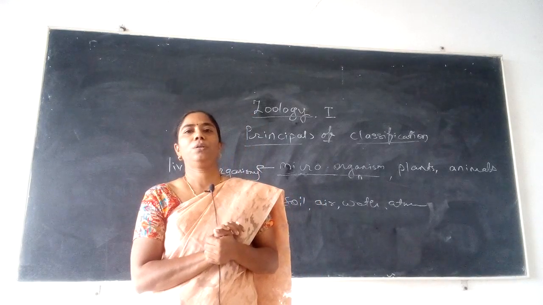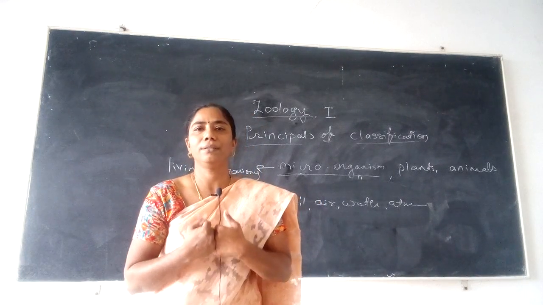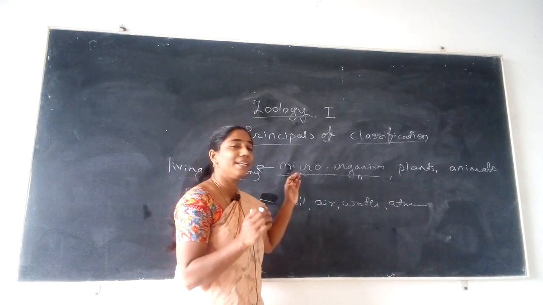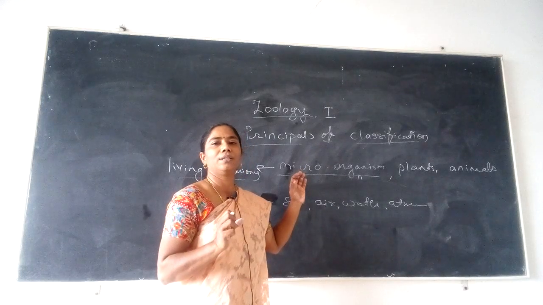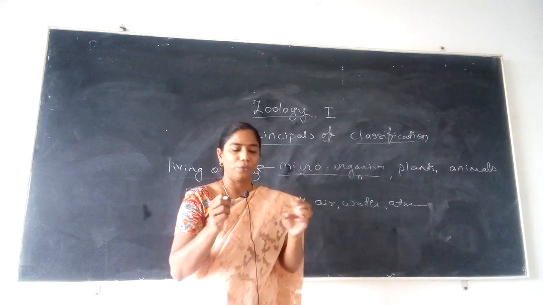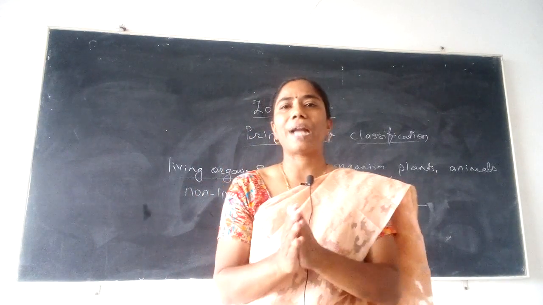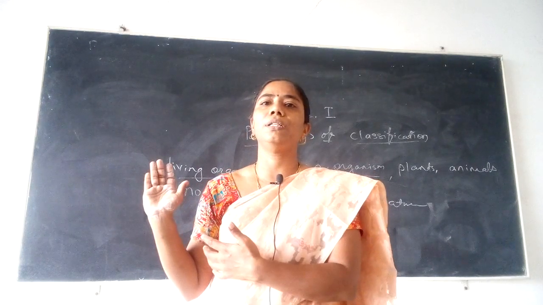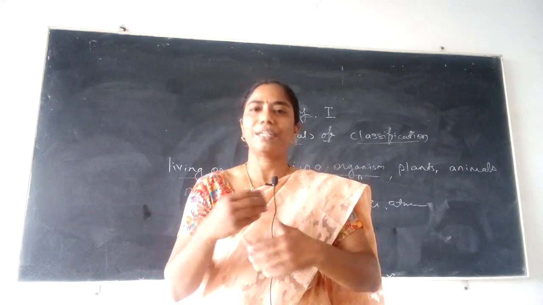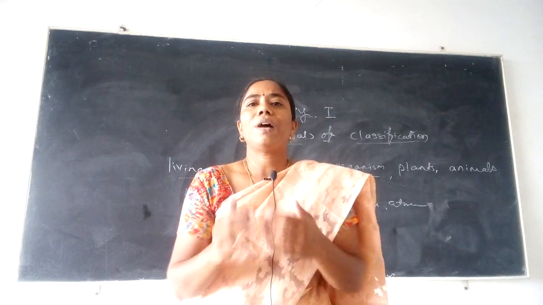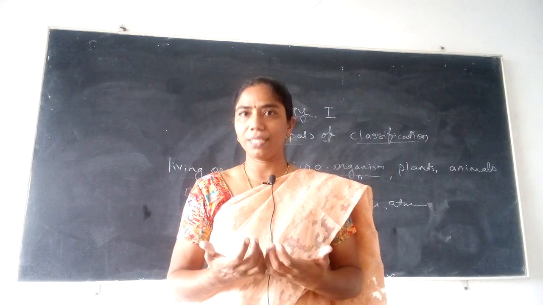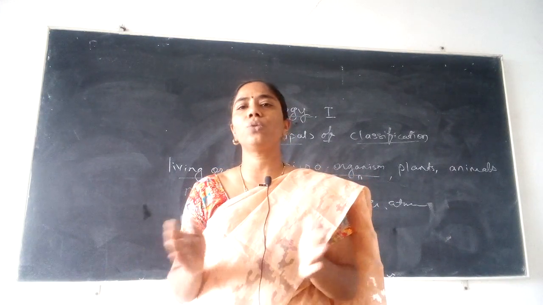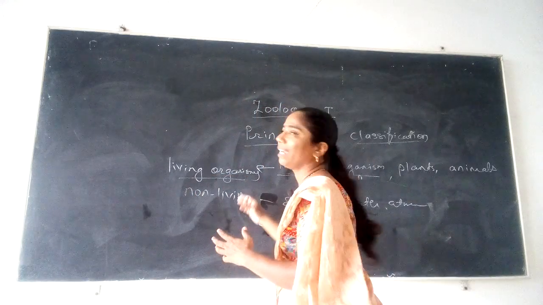So why is it so? Because it is in our mind that we are considering certain characters. It is just a practice for you, as simultaneously, when we learn zoology, we practice something. Now I will tell you 10 different things. You have to classify those things into non-living and living.